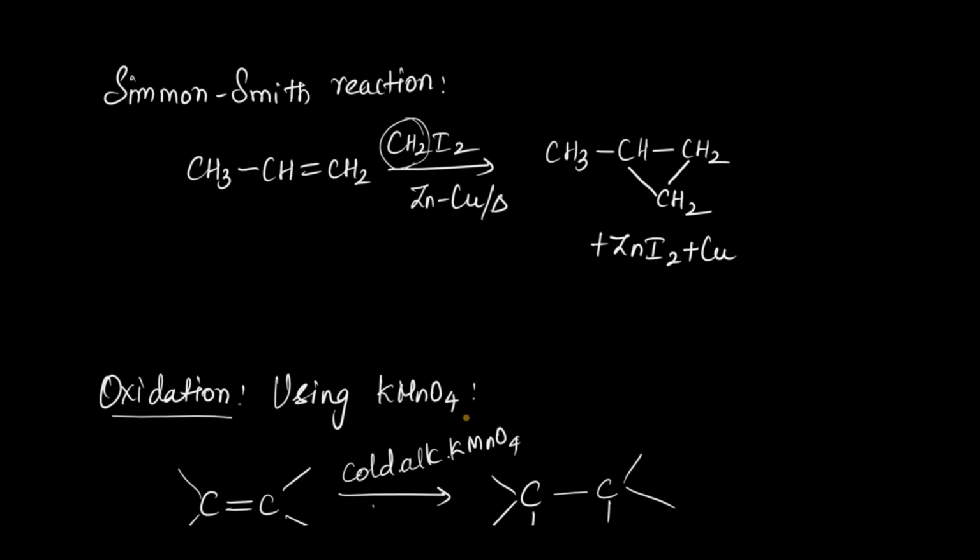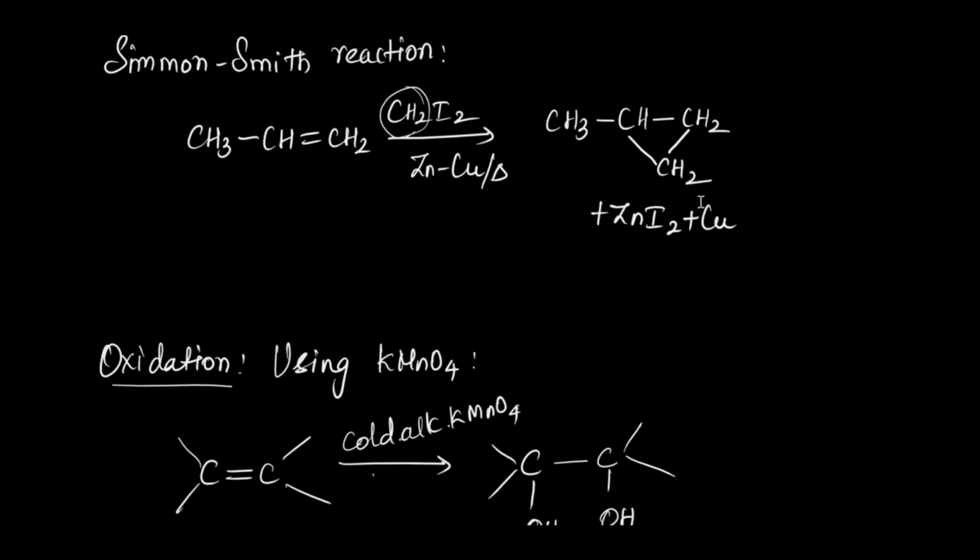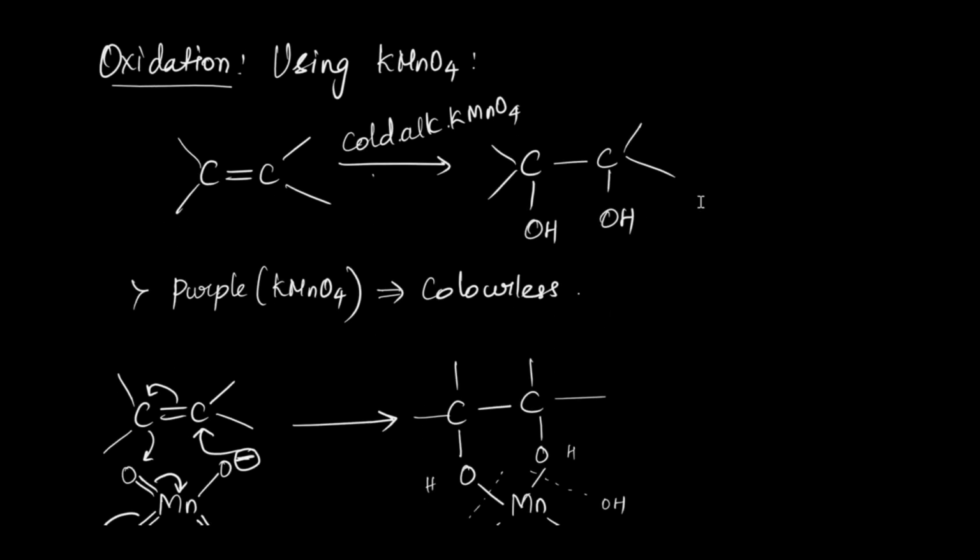Simmons-Smith reaction, where CH2I2 or CH2X2, a dihalo compound, with alkene forms cyclic alkanes. Then oxidation using cold alkaline KMnO4 forms OH and OH substituted on both sides of the double bond.